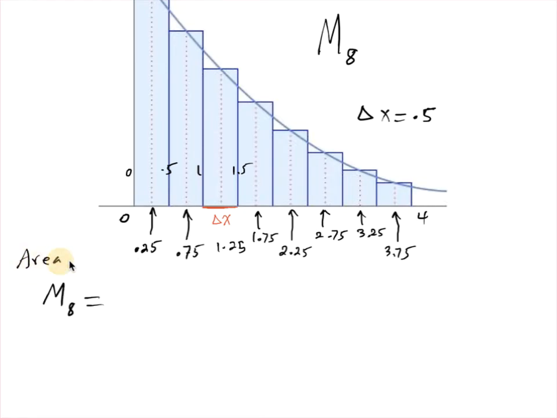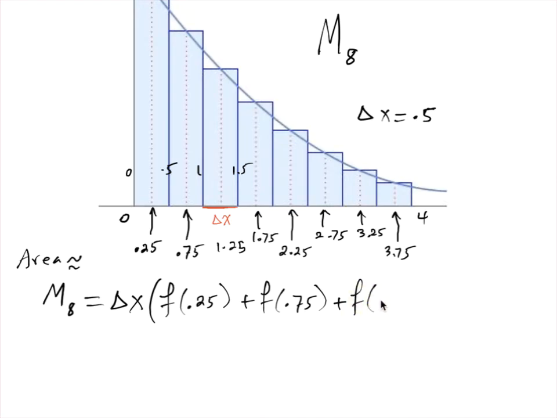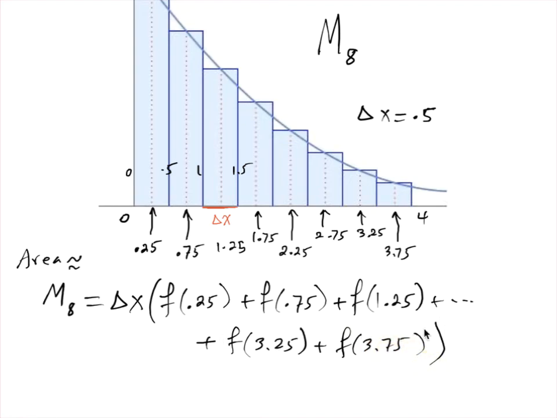So the area is approximately equal to m sub 8, and m sub 8 is delta x times f of 0.25 plus f of 0.75 plus f of 1.25, and so on, plus f of 3.25 plus f of 3.75, and then you stop. And that's what we do.